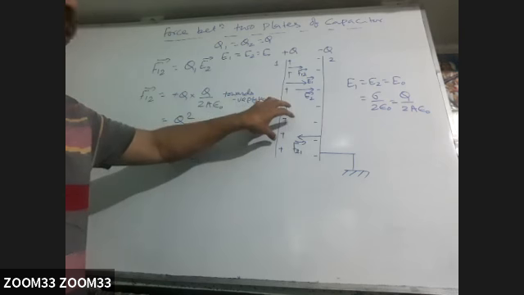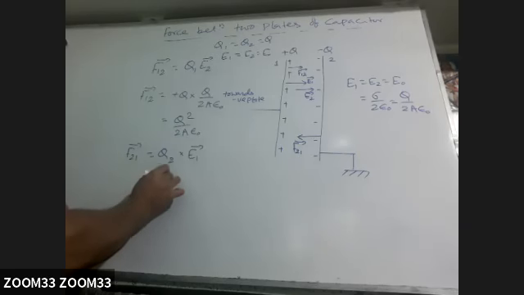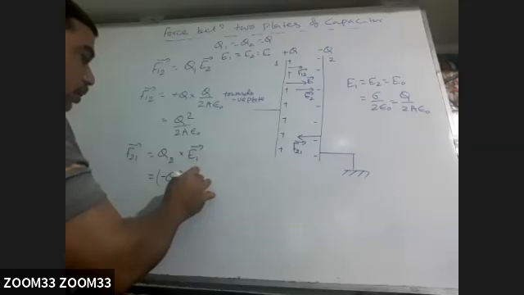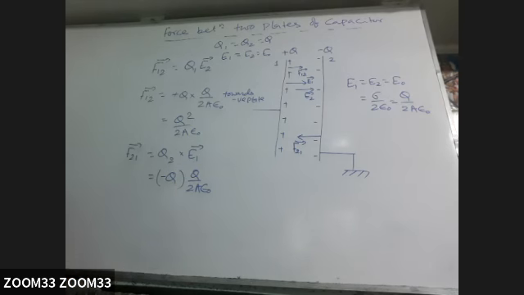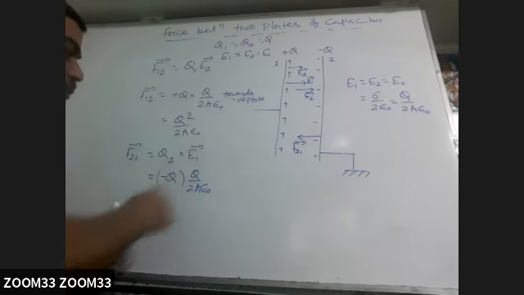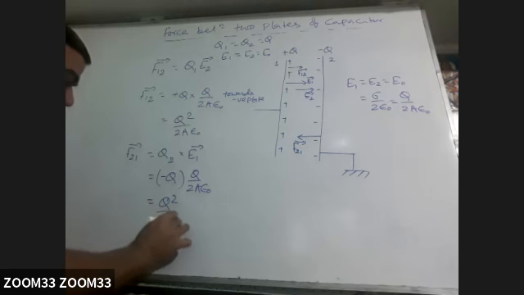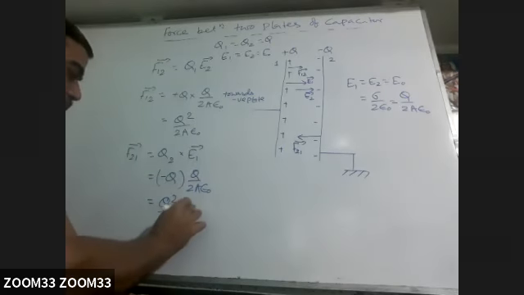So how much electric field is produced by this plate, and due to that, how much force is experienced? So this Q2 means minus Q, and this E1 is Q over 2 epsilon naught. As minus sign is coming, it will be opposite to E1, which means towards the positive plate.